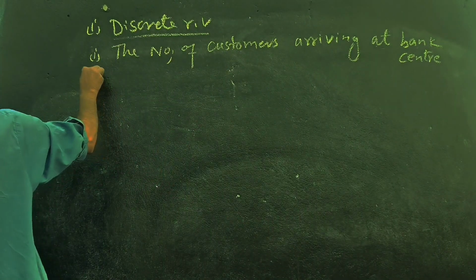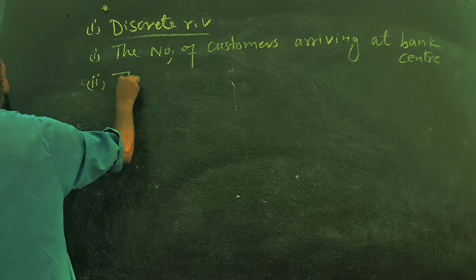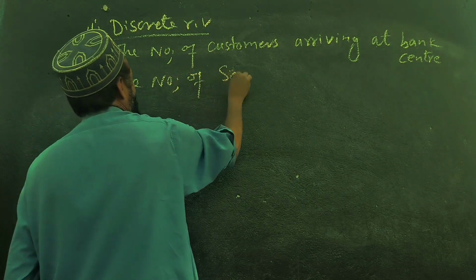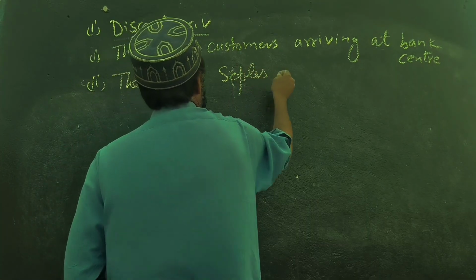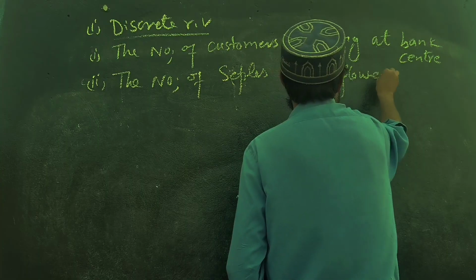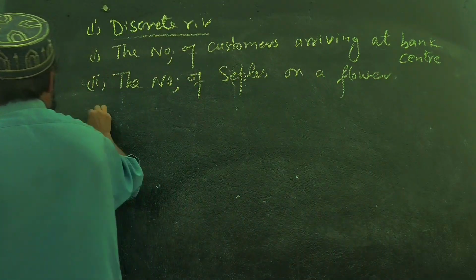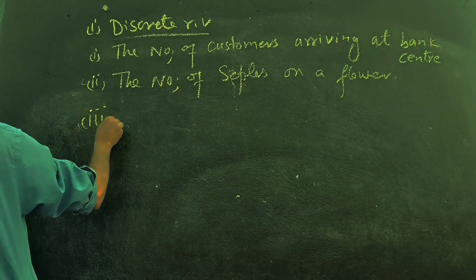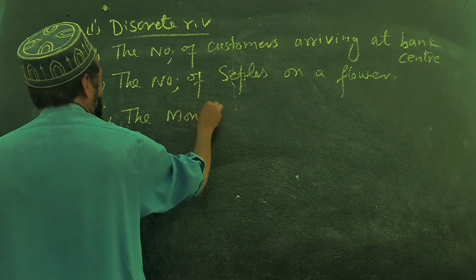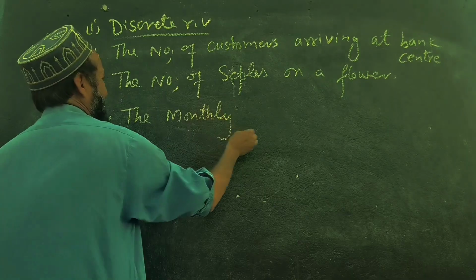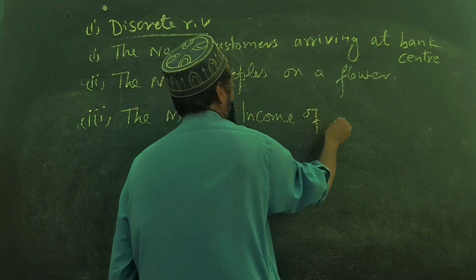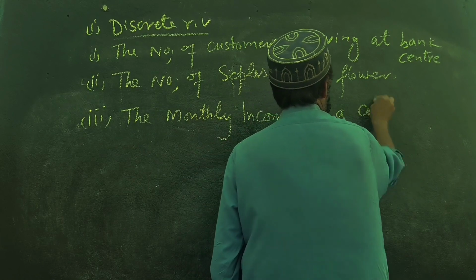Number two, the number of sepals on a flower. Number three, the monthly income of a college professor.